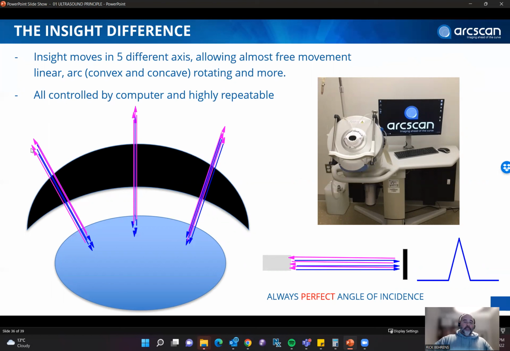That means that in most cases, we're going to be perpendicular to the area that we're evaluating. So we move in 5 different axes: up, down, in circles, in diagonals, back and forward. And we are controlled by computers, so we're highly reliable and highly repeatable as long as the orifices are working.